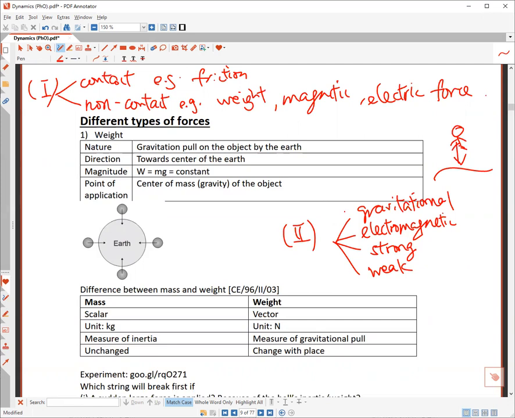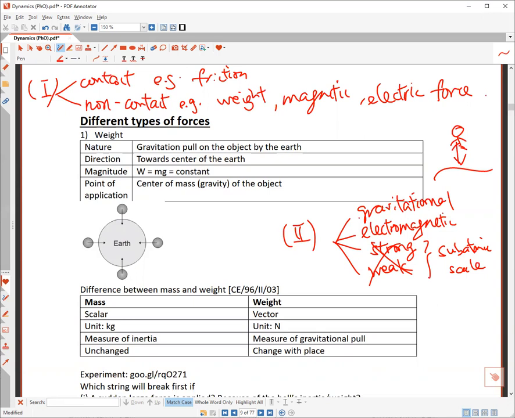Strong nuclear force and weak nuclear force only exist on the subatomic scale, that is, a scale smaller than an atom. So in daily life, you can almost ignore these two forces. Gravitational force and electromagnetic force exist on a larger scale, that means the scale of our daily life.